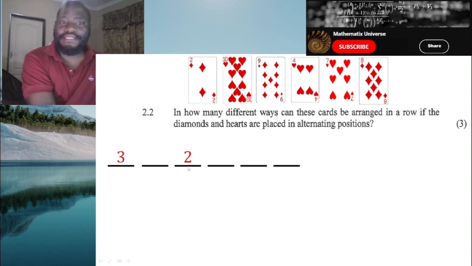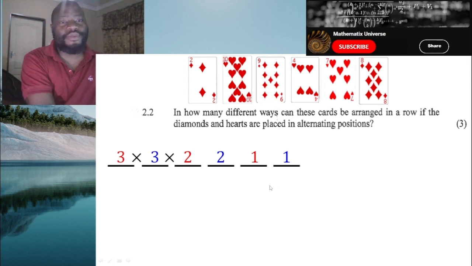And then once I put the second one, it means I have the very last one to put here of the hearts. And then again, the same for the diamonds. 3 diamonds at first that can be placed here, 2 diamonds here, and then 1 last diamond there.